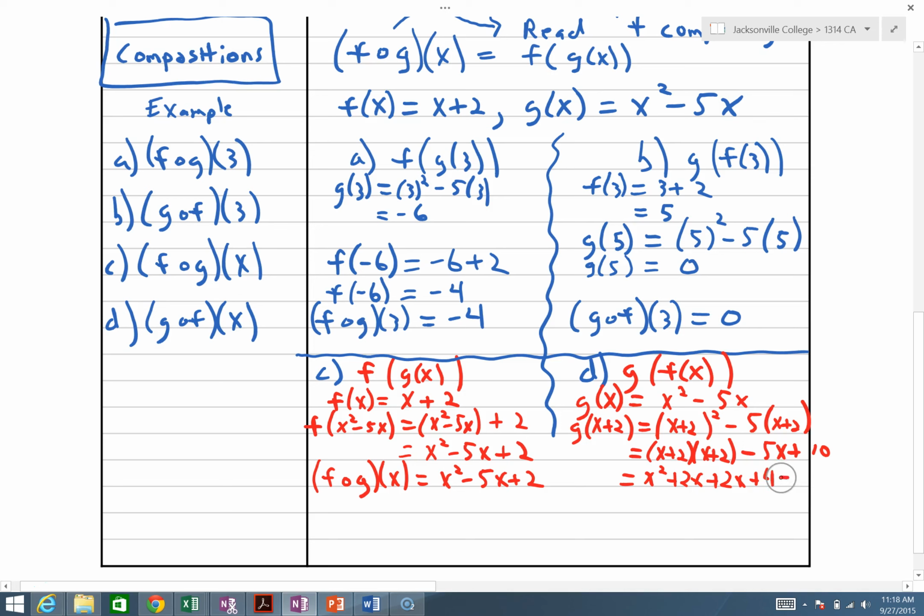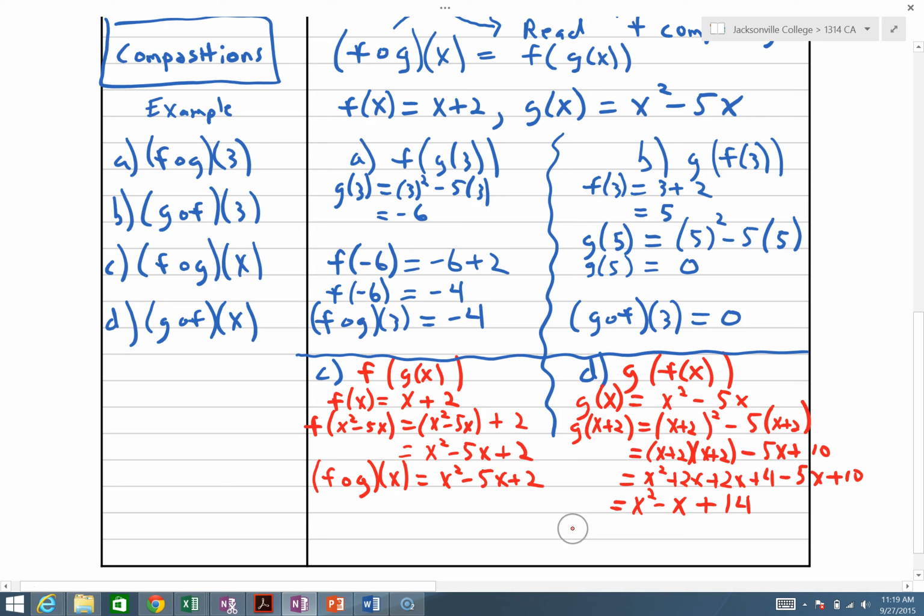Still have this, minus 5x plus 10. Combining like terms, we have x squared is unlike. 2x and 2x is 4x, minus 5x is a minus 1x. And then 4 plus 10 is 14. This function here is g compose f.